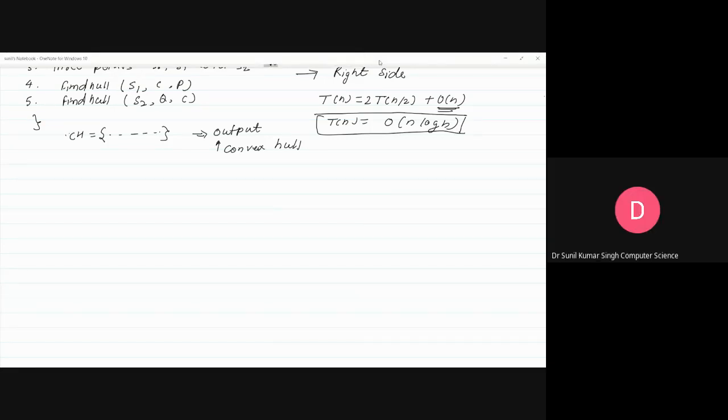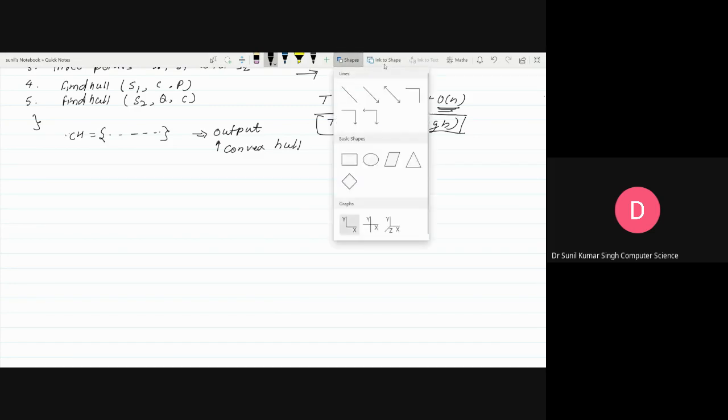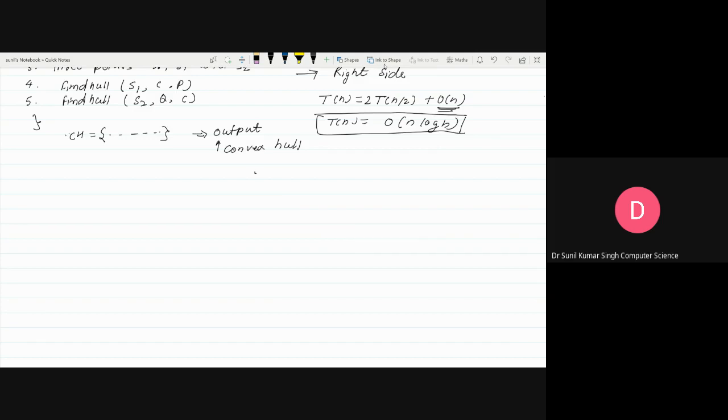Let's look at another scenario. It is pertinent to discuss here. Suppose we have a scenario like this: this is the line AB. Suppose there is no point on this side.